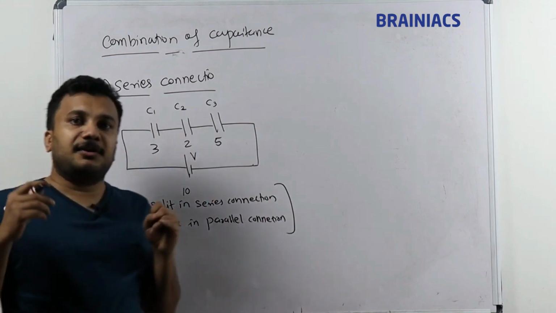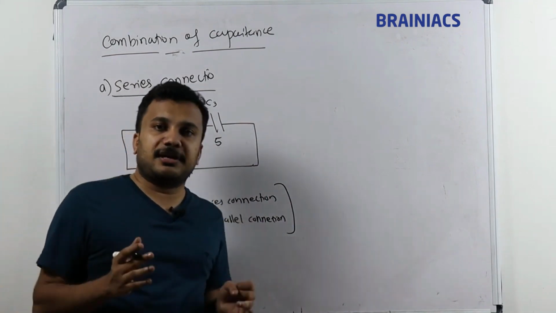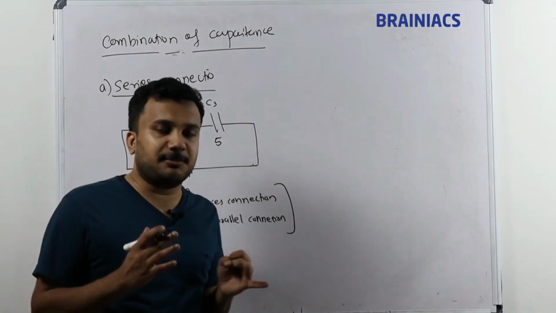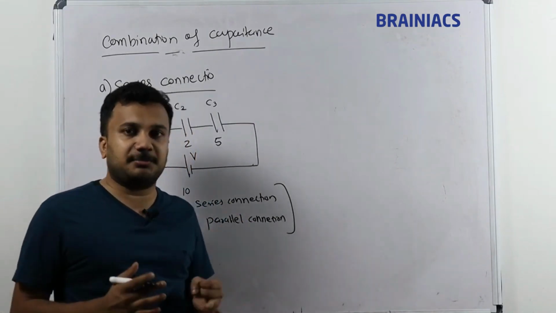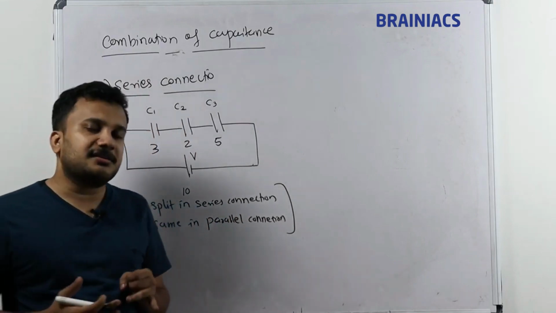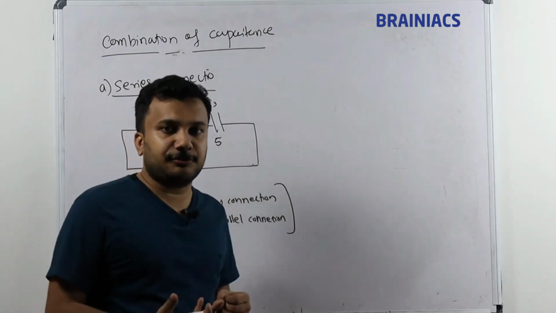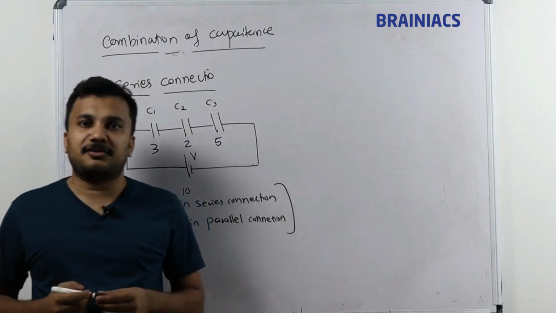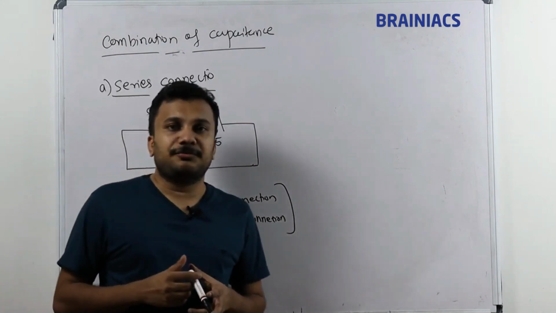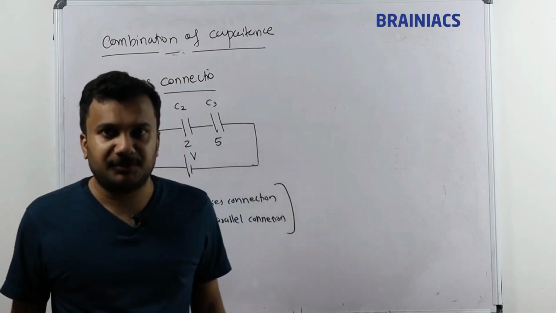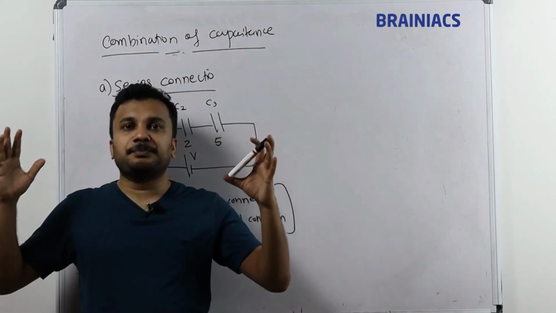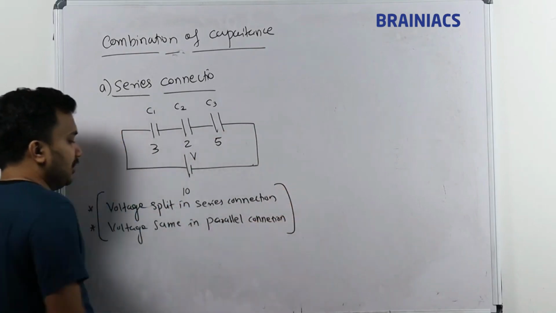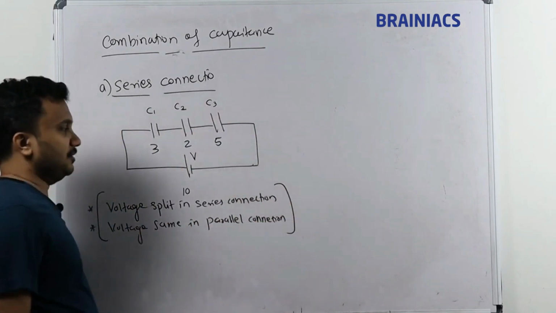If you are learning electrostatics, electric charge, potential and capacitance, the second chapter, and if you go to current electricity, magnetic effects of current, and further to the last chapter, semiconductor electronics, if you are going till the last moment, you need these two concepts: voltage splits in series connection, voltage is the same in parallel connection.